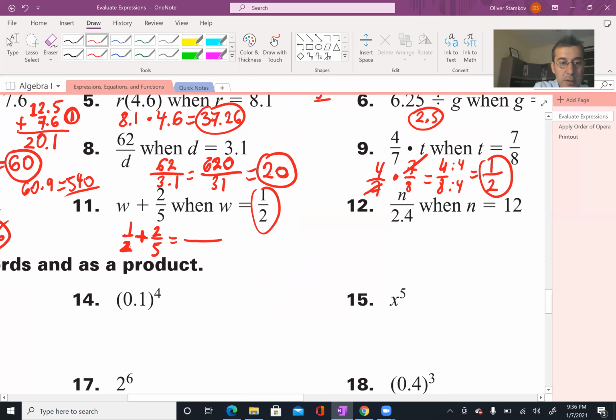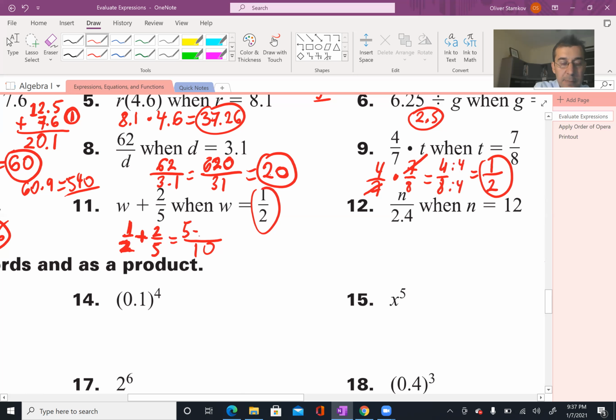Or the easiest is you can multiply the denominators. So 2 times 5 is 10. In this case, we multiplied 2 by 5 to get 10. So when we multiply the denominator by 5, we also have to multiply the numerator by 5. So 1 times 5 is 5.